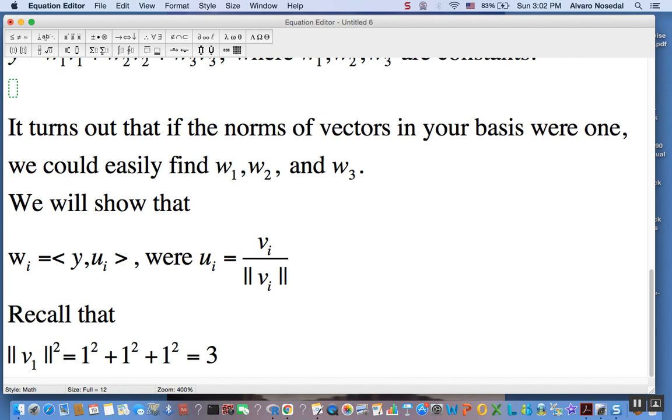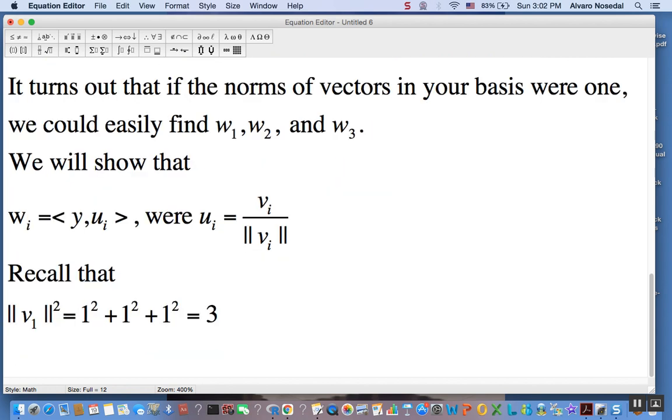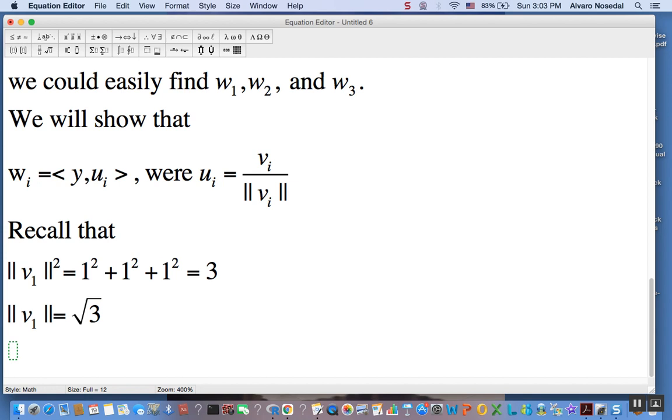And then that means that the norm would be square root of 3, right? Make sense?